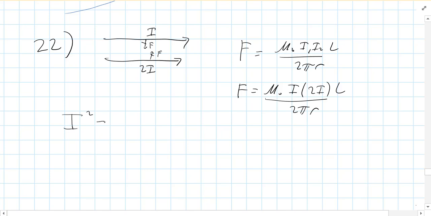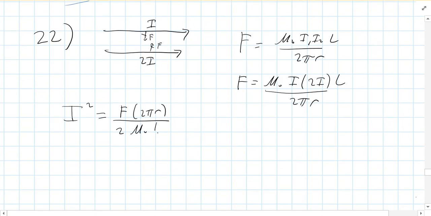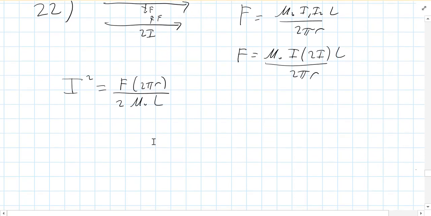So I squared equals force times 2 pi R, divided by 2. There's a 2 sitting here. And then our mu naught, and then L. Okay, so that's your equation for I squared. And that'll give you the smaller current. So if you square root that, you get I. And then, you might want to take some shortcuts here. So we square root this.